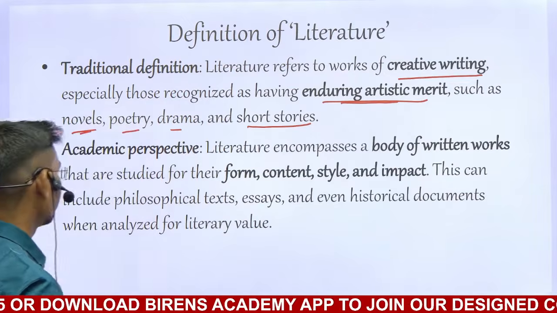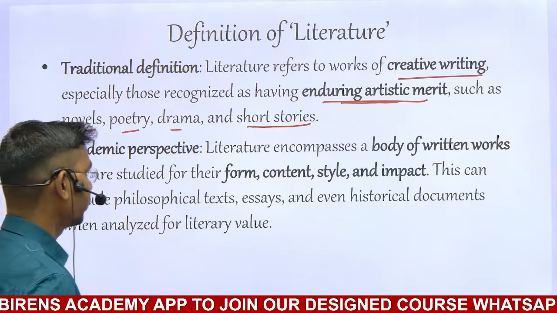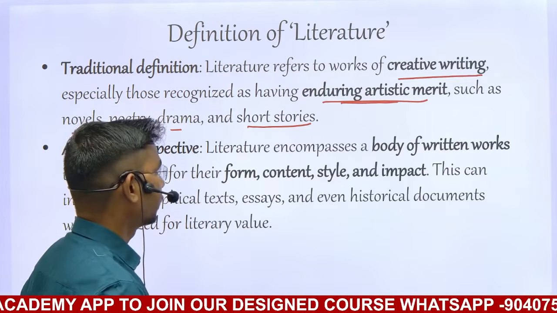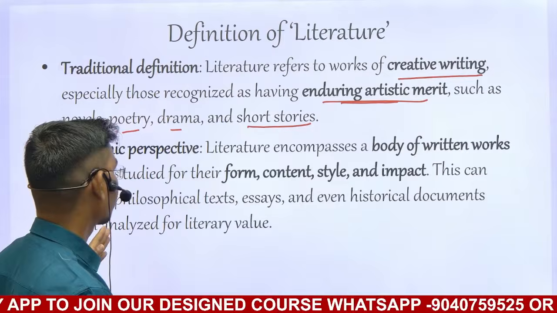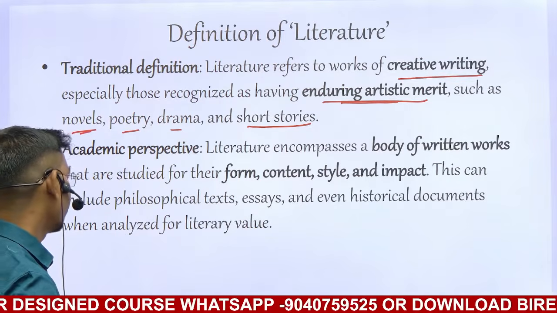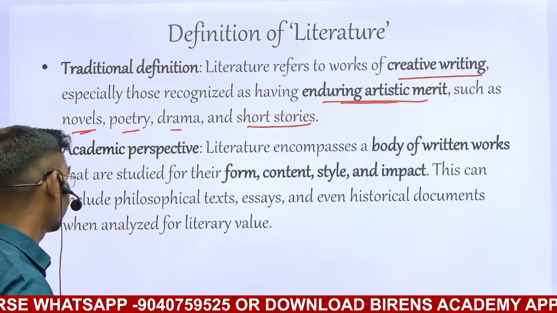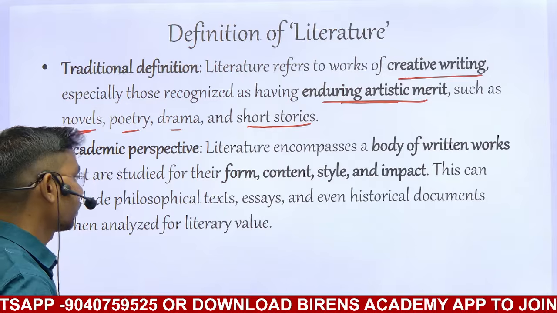The next one: what is the academic perspective on literature? Literature encompasses a body of written works that are studied for their form, content, style, and impact. This can include philosophical texts, essays, and even historical documents when analyzed for literary value.